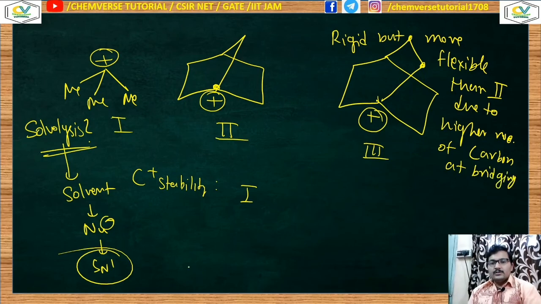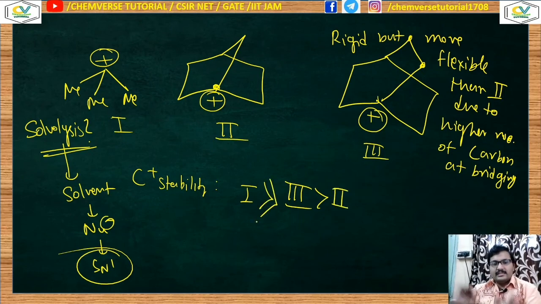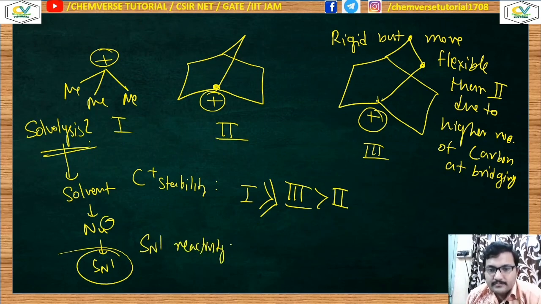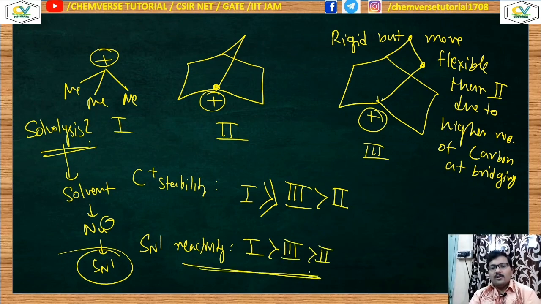Okay, so for that reason, although 2 and 3 are much less stable than 1, 3 will have more stability than 2, and they are much less stable than 1. So SN1 reactivity follows the same order. Okay, this is the order of SN1 reactivity.